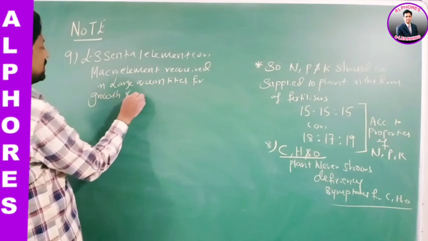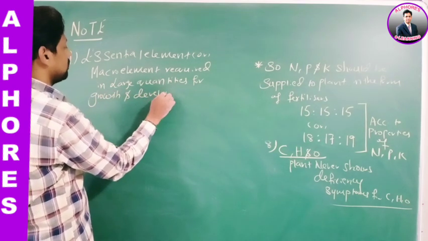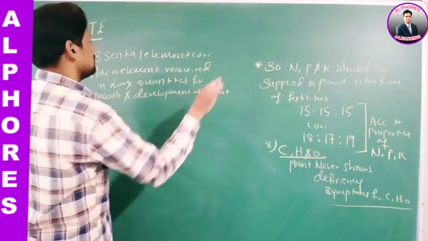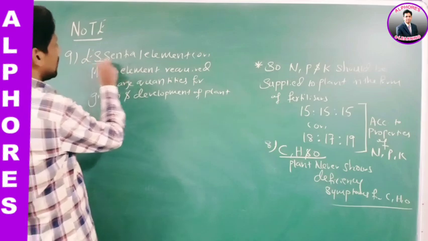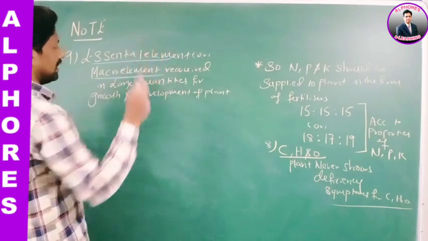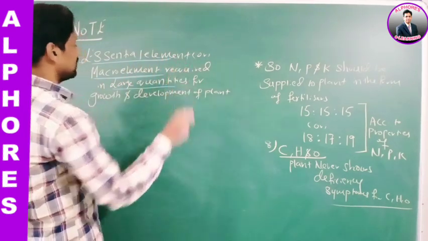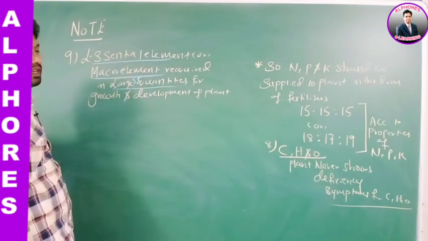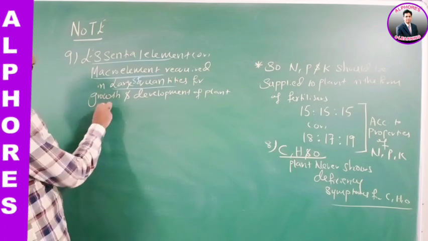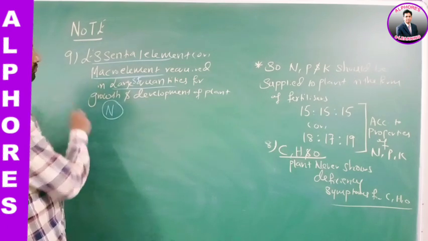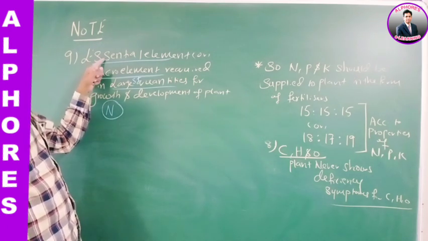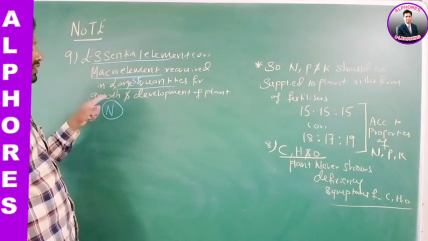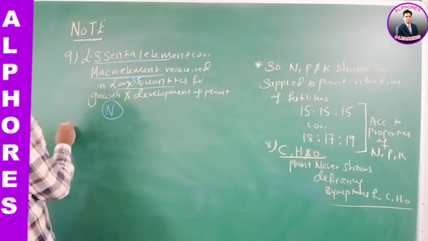Which essential element or macro element does a plant require in the largest quantities for growth and development? It is nitrogen. Number 10.